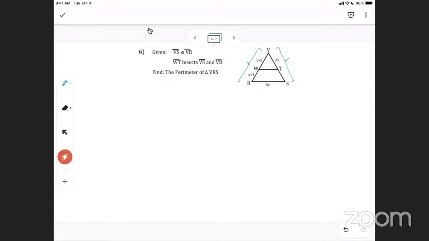Isn't there a property that relates side lengths when you have a midpoint? Well, no, this line is called a mid-segment. Oh, we haven't learned about that yet. You haven't learned about mid-segments? No, we've learned about midpoints.